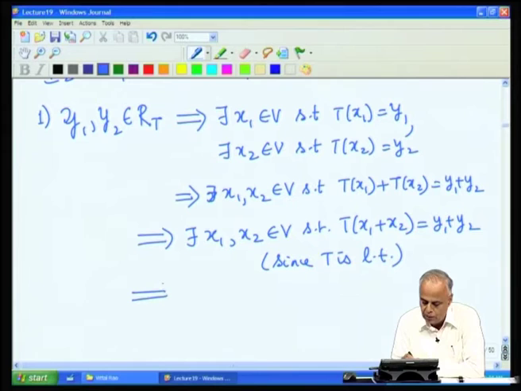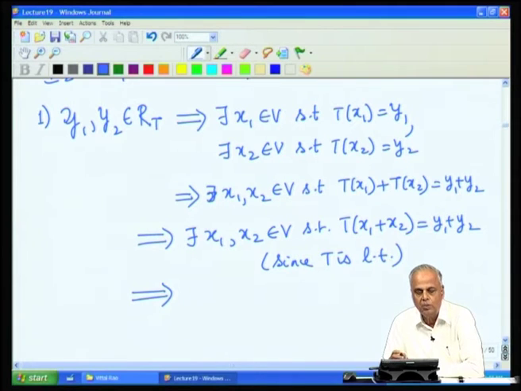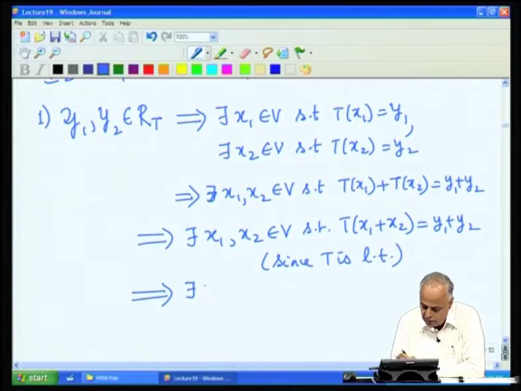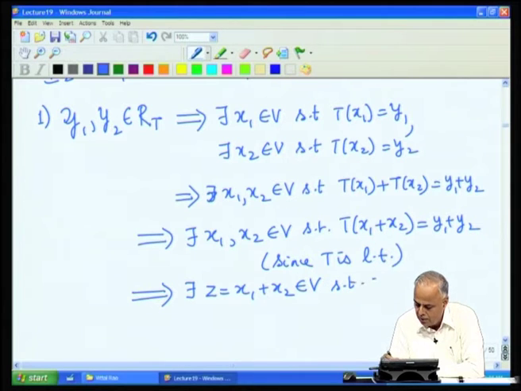Now, if we call x 1 plus x 2 as Z, then since x 1 is in V, x 2 is in V, x 1 plus x 2 will also be in V because V is a vector space. So, there exists Z, which is equal to x 1 plus x 2 in V, such that T of Z is y 1 plus y 2.